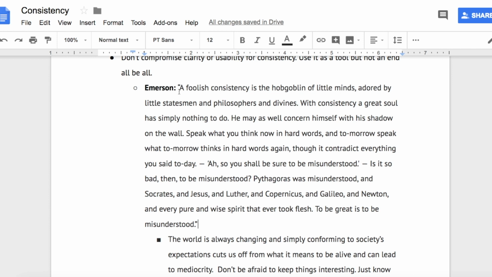"A foolish consistency is the hobgoblin of little minds, adored by little statesmen and philosophers and divines. With consistency, a great soul has simply nothing to do. He may as well concern himself with his shadow on the wall. Speak what you think now in hard words, and tomorrow speak what tomorrow thinks in hard words again, though it may contradict everything you said today.